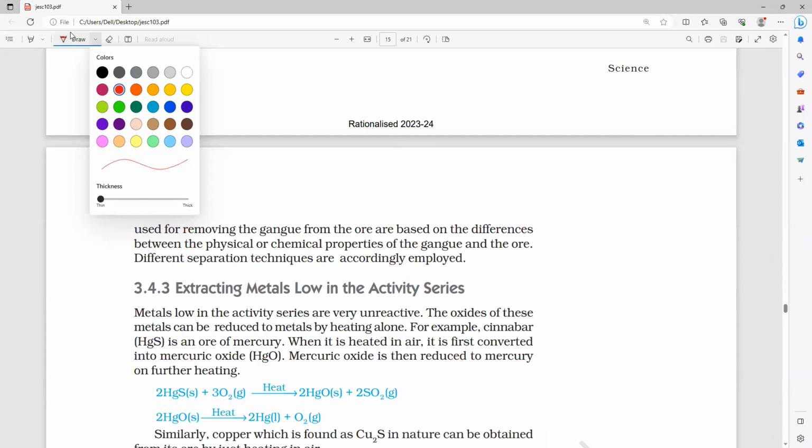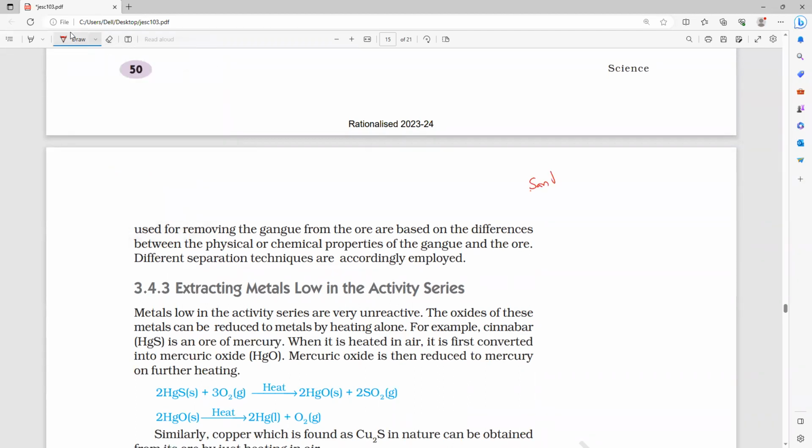First one. If you want to separate sandy and lighter impurities, like clay, soil and all, then we will use a method called hydraulic washing. That is all you need to remember. What it is and all is not necessary for class 10.